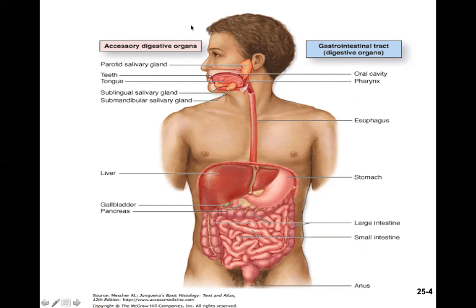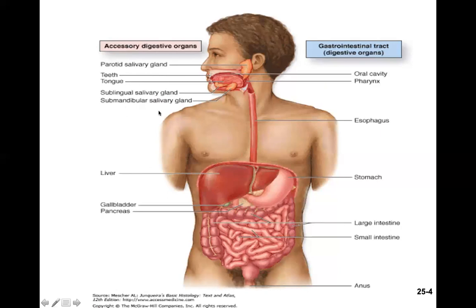The accessory organs are all the other organs that help your digestive system work and function properly. In the mouth, you have your salivary glands. You have several of them: the parotid gland, the sublingual, the submandibular. Lingual means tongue, and sub means under, so the sublingual salivary gland is the one that's underneath your tongue. Submandibular, you know what the mandible is.